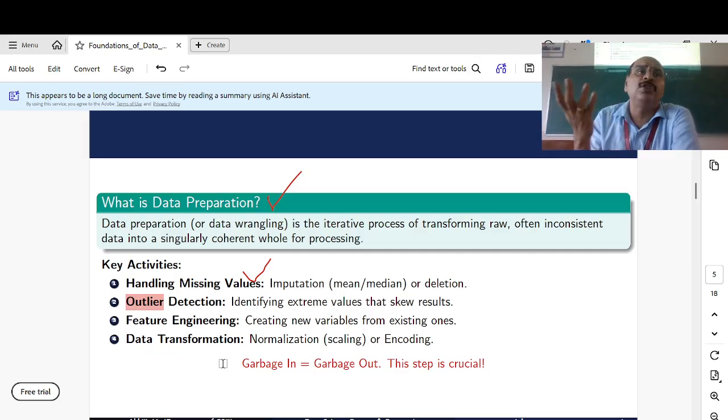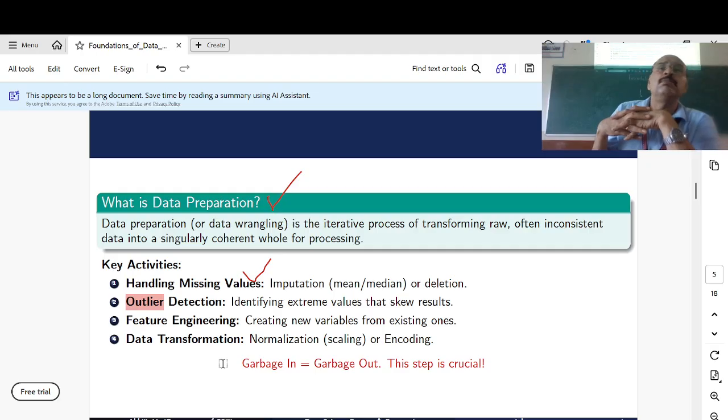Temperature, daily temperature you are analyzing, right? If it is more than 70 or 60 degrees C, there is something wrong in the data. That may not be a correct answer. In that case, you need to remove the outliers. You need to handle the outliers or find another means to overcome this.